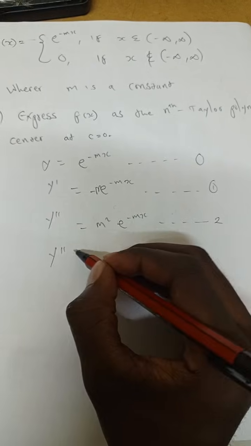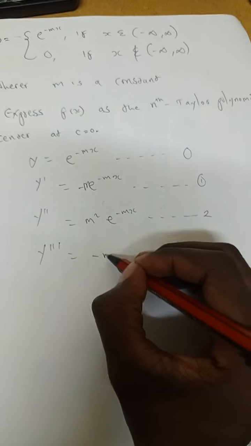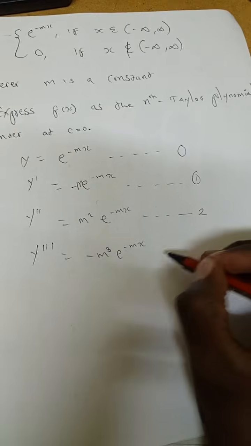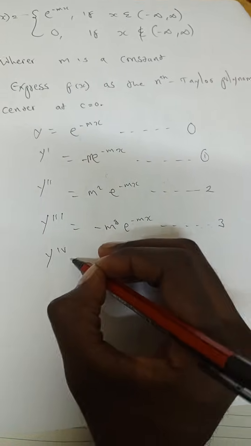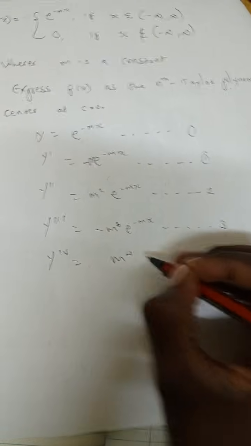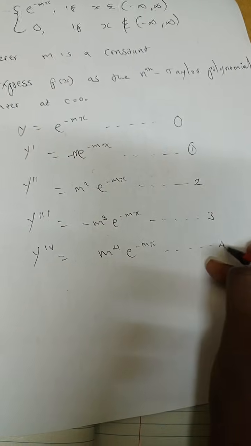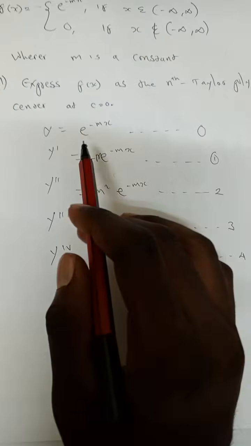We differentiate the third time, we're going to get negative m cubed. This is for number what? Number 3, isn't it? We differentiate for the fourth time, we're going to get m to the fourth, and this is enough for us to deduce what the question requires us to do.